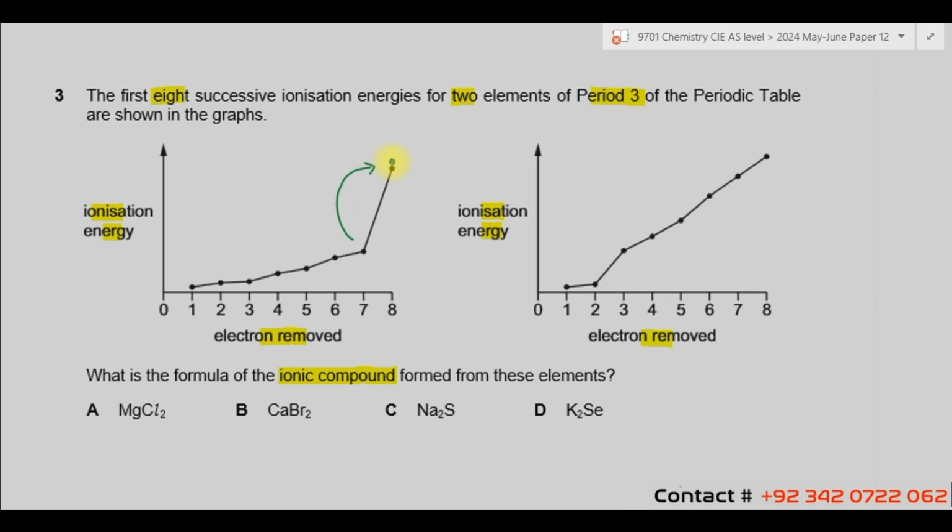which means that this 8th electron is from inner shell, because inner shell is closer to the nucleus, so the electron present in inner shell requires more energy to be removed. So first 7 electrons are present in outer shell. So when there are 7 electrons in outer shell, it means it is group number 7, which is halogens.